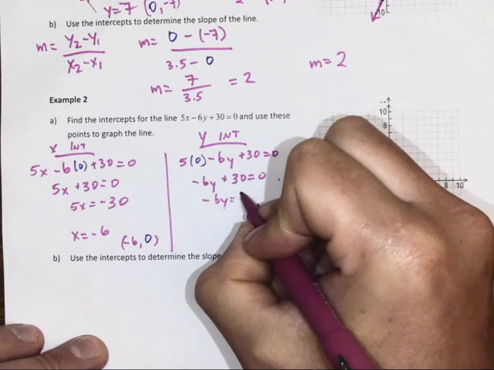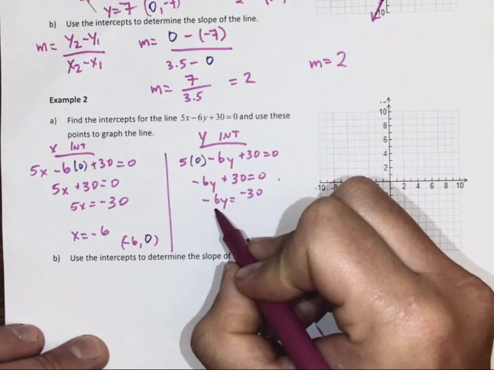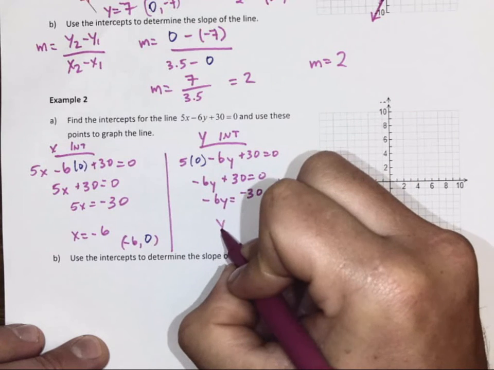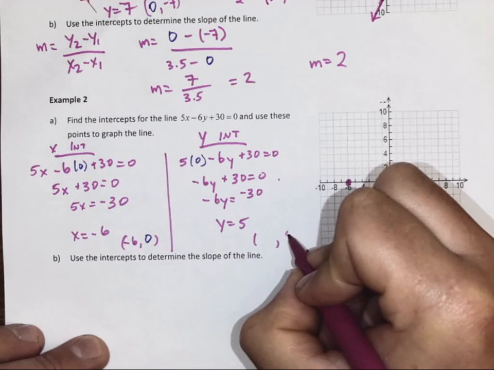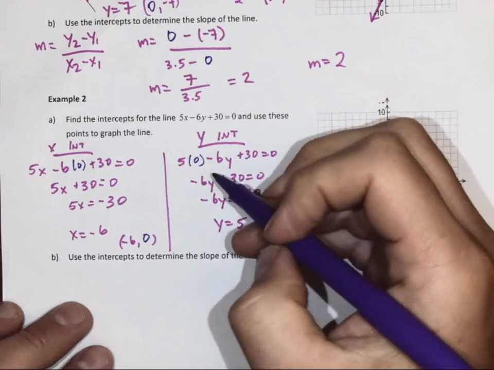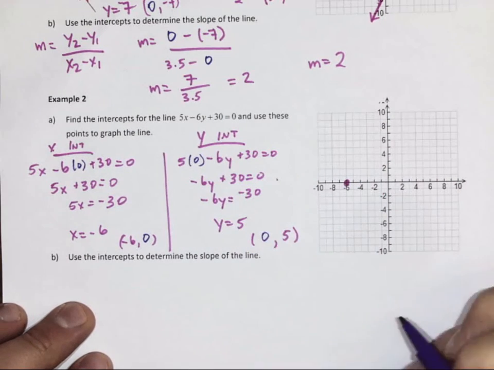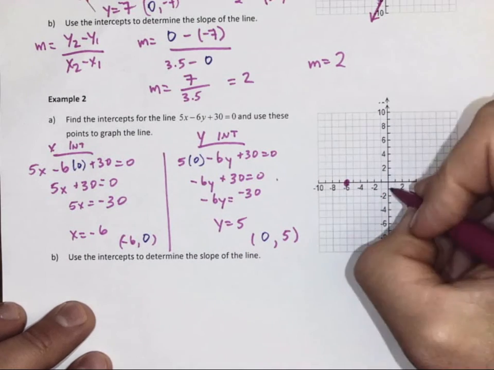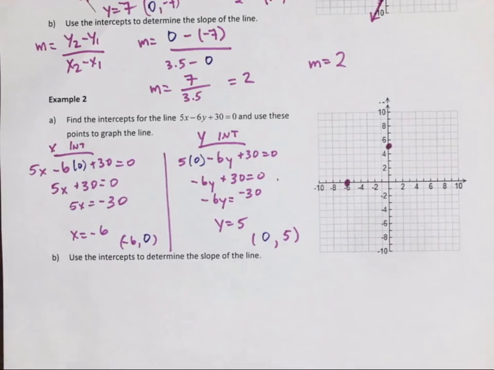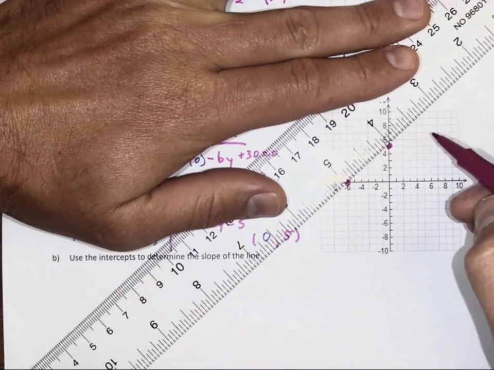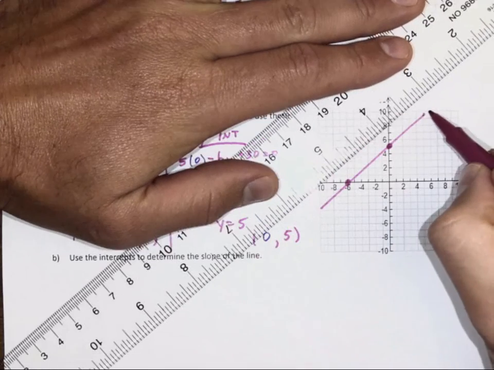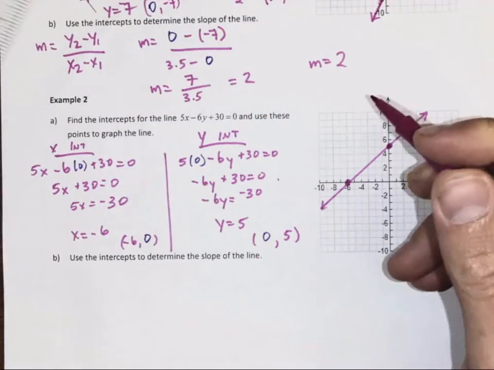Negative 6y equals negative 30. Divide by negative 6, divide by negative 6. Y equals 5. So again, that would be a point, 0, 5. When x is 0, y is 5. Got my 2 points. Draw my line, add arrows.